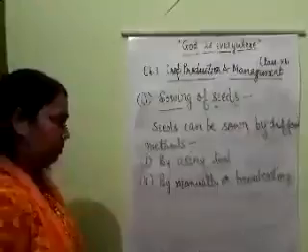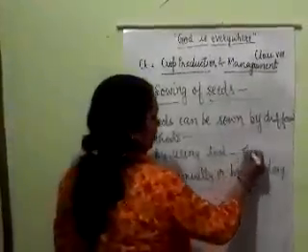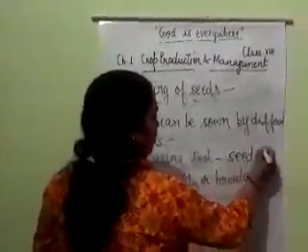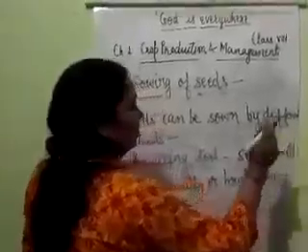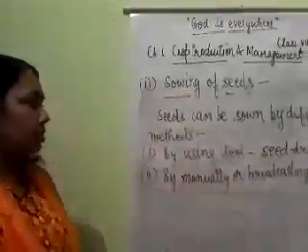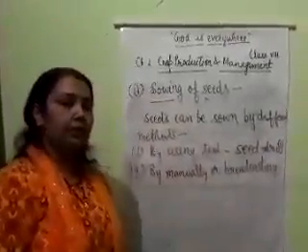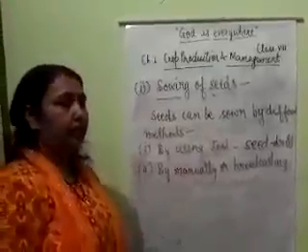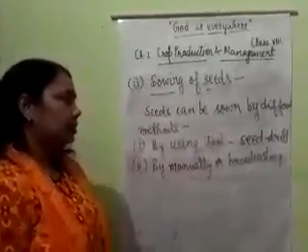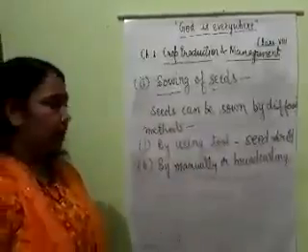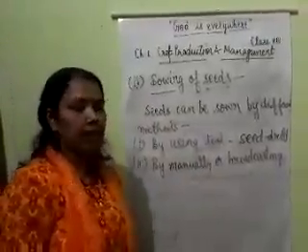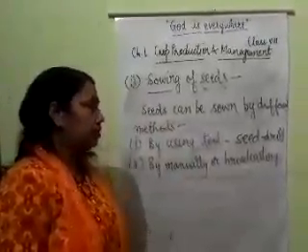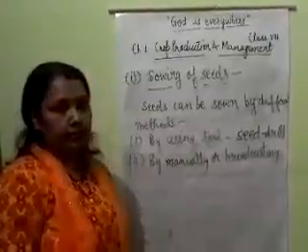By using a tool we can use a seed drill, which is used to sow seeds at a proper distance and proper depth. This prevents uneven distribution, and birds cannot destroy these seeds.